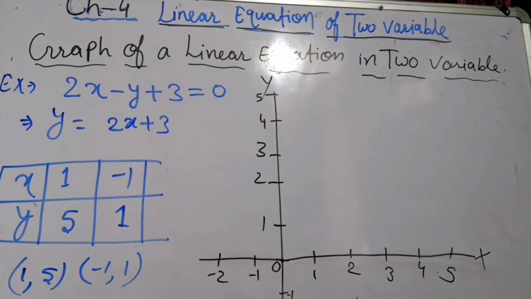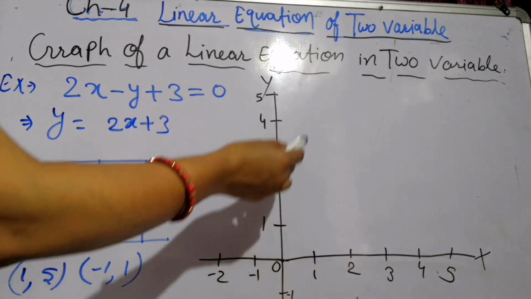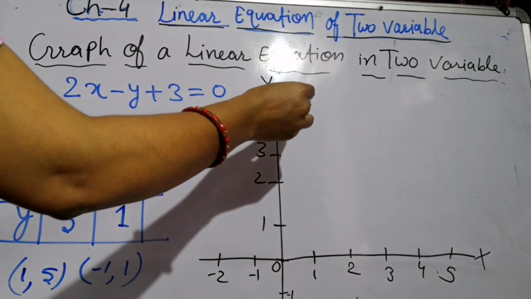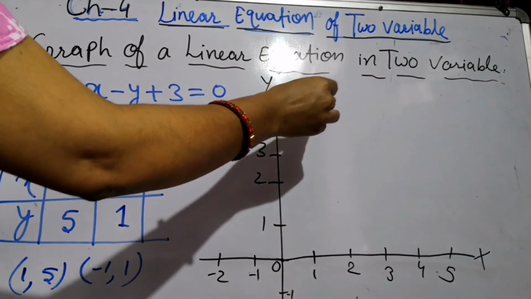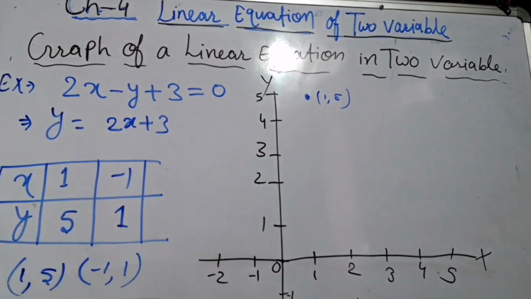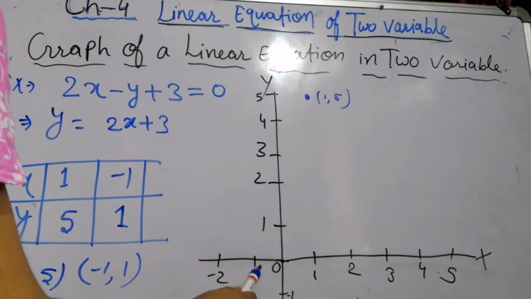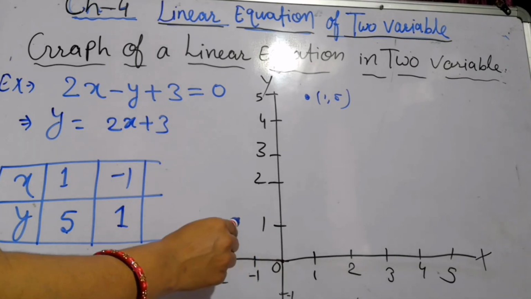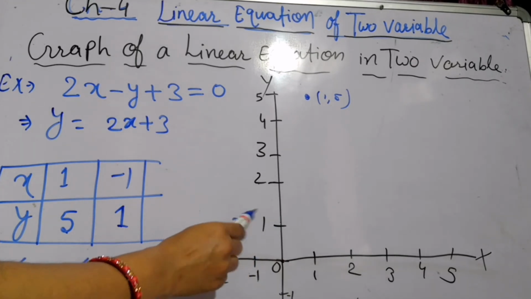Now plot the points according to the coordinates on the graph paper. The first is (1, 5): the abscissa is 1 and the ordinate is 5. So 1 and 5 means one point is here. And the second one is (minus 1, 1): x is minus 1 here.